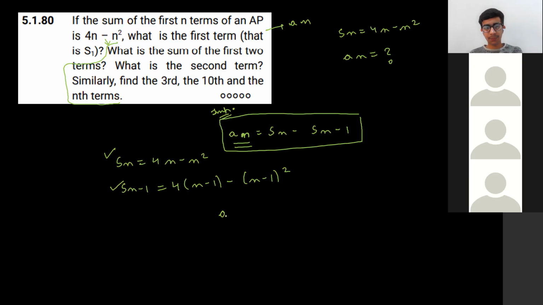Okay, so an will be equal to Sn, which is 4n minus n square, minus Sn minus 1.